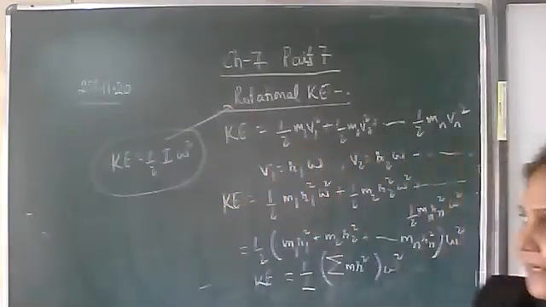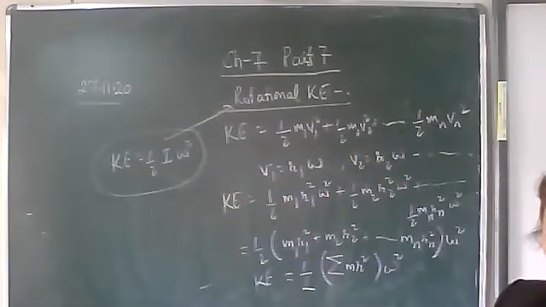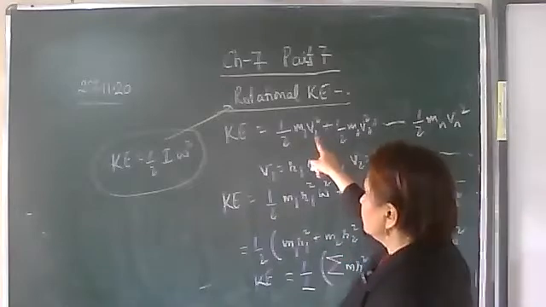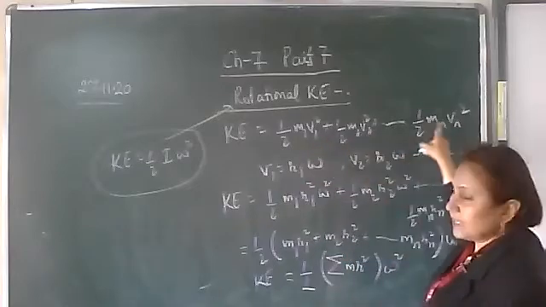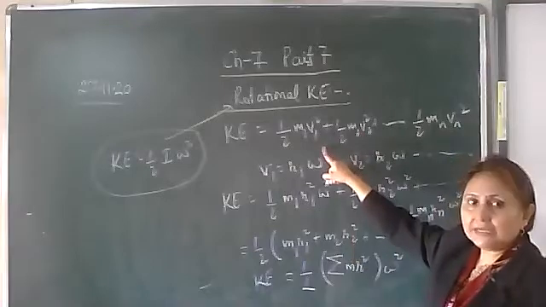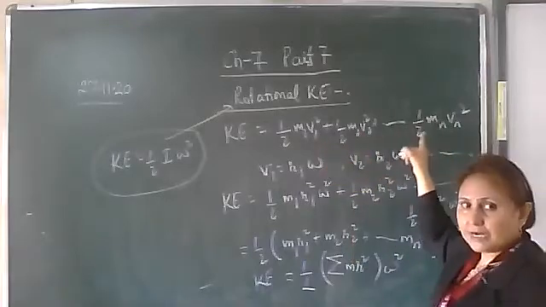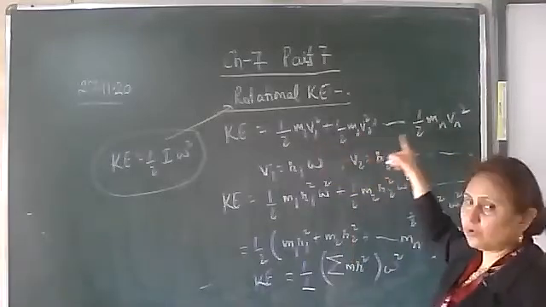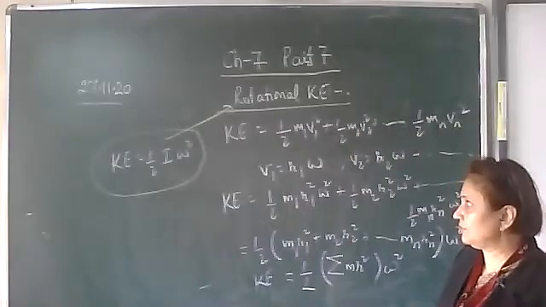So here we found the total rotational kinetic energy. Each particle has some kinetic energy as it is in motion, given by this expression, so the total kinetic energy will be the sum of all these.